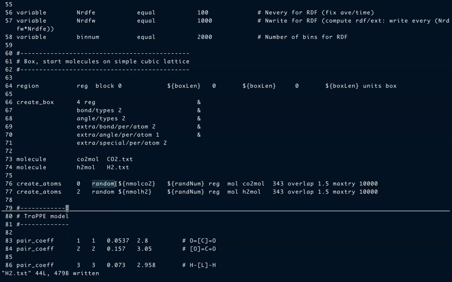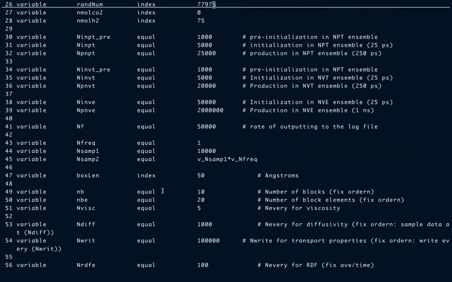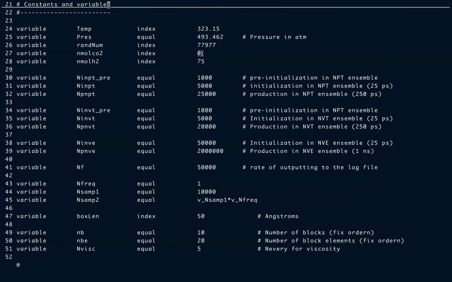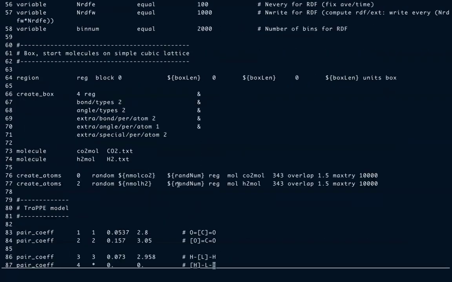But I'm asking it to do it in a random way. So here I say, place it randomly inside the box. And I also say how many molecules of CO2 should be there. And since I specified here that n mole CO2 is 0, then it's not going to place any of the CO2 molecules here.